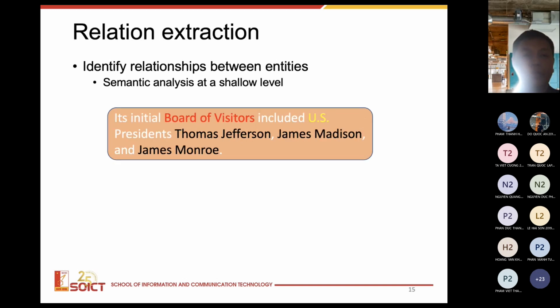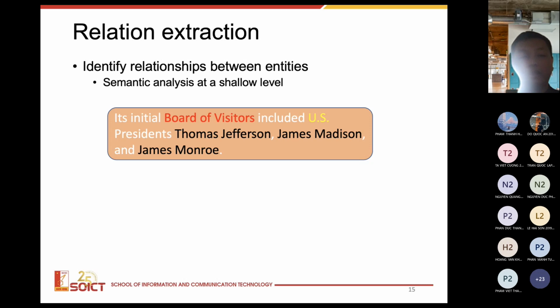Okay, this is a relation extraction task. The idea of this task is to identify the relationship between the entities, and this is considered semantic analysis at a shallow level.